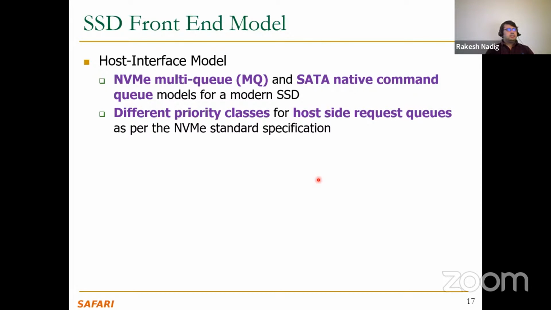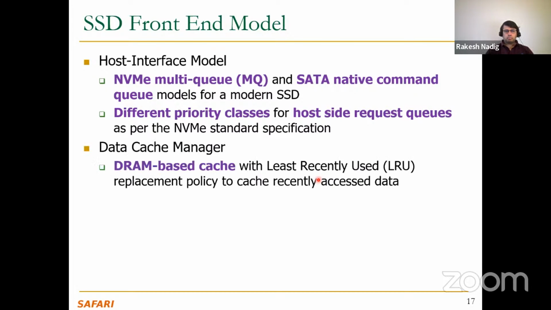These things are modeled in MQSim. And for the NVMe protocol, MQSim models different priority classes. I think there are 4 priority classes currently in MQSim: urgent, high, medium, and low for the host side request queue. So we can assign different priorities to different queues, and based on the priority, the requests are processed in the order of the priority.